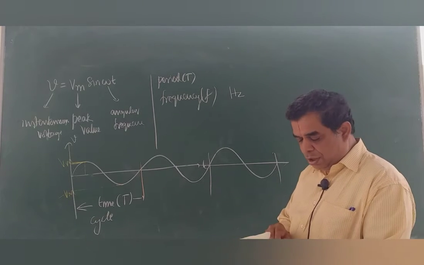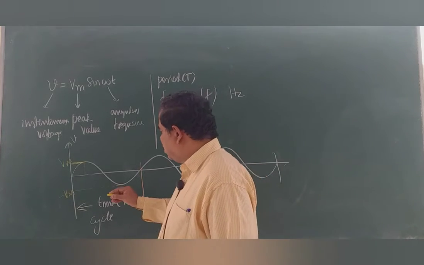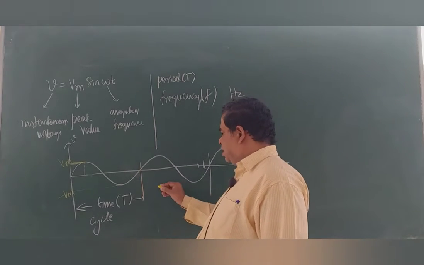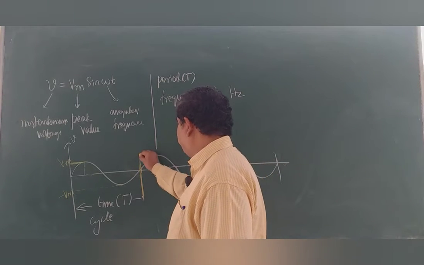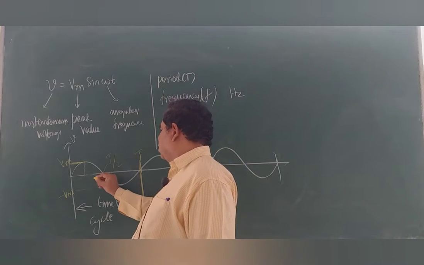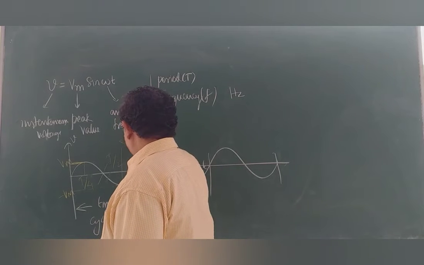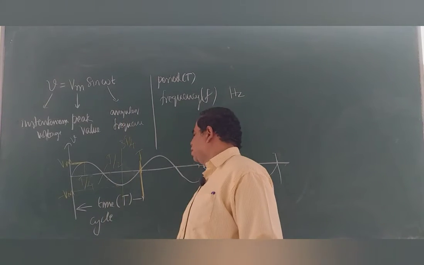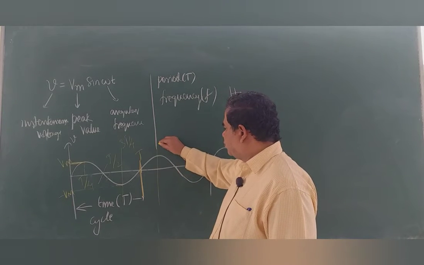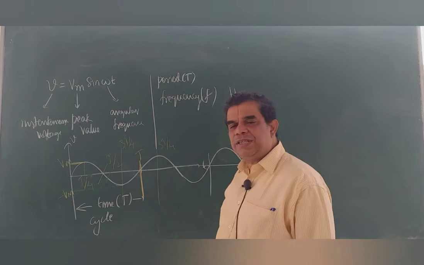But observe, apart from these things, there's one more important idea. Say if I represent this as time, here it is one period of time. Here half of the period is over. Here 1/4 of the period is over. Here 3/4 of the period is over. Like that. Here, say, 5/4 times the period is over.